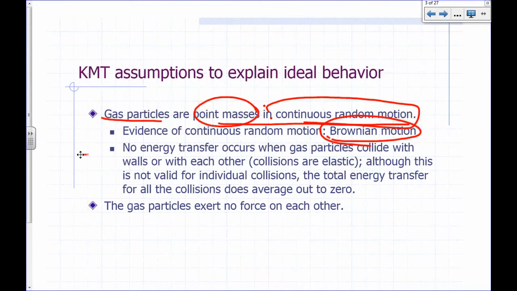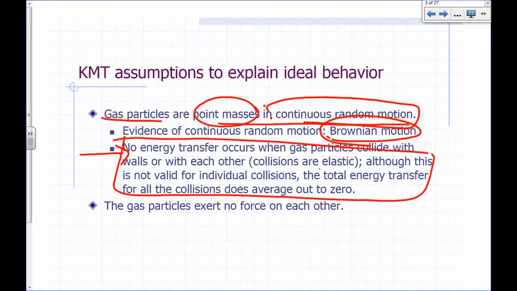We also assume that there's no energy transfer that occurs when gas particles collide with the walls or with each other. So we say in physics that the collisions are elastic. Although this is not strictly speaking valid for individual collisions, if we average it out over all the gazillions of collisions happening within a sample of gas, the total energy transfer for all these collisions does average out to zero.